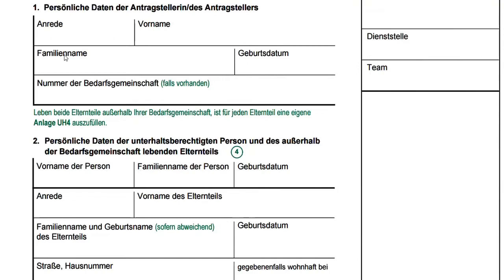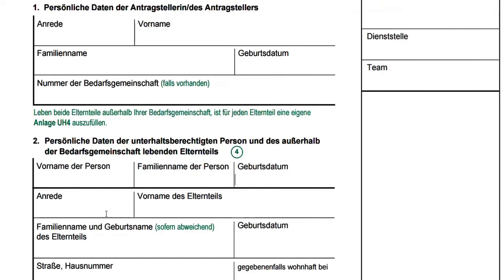But if someone else is filling it in for you, then that person writes his or her details in the first part, and in this part, he or she writes your details. Here you write the first name of the person who has the right to get the maintenance, here the last name of this person, here the date of birth of this person.